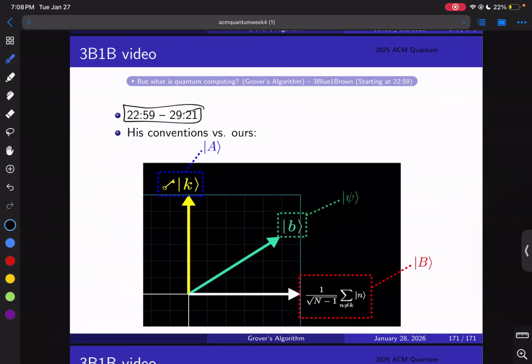That's kind of like a recap. And just as a note, his convention uses K as the A-axis, B as the psi-axis, and the literal definition of B for the B-axis, which is a uniform superposition of bad vectors.